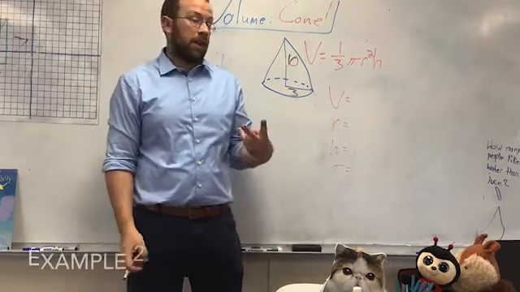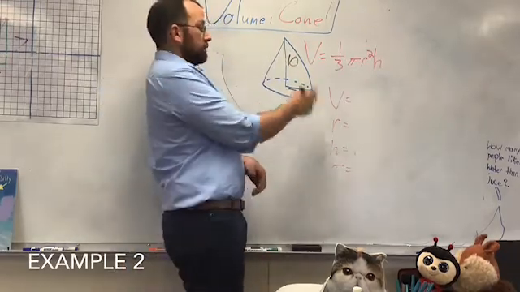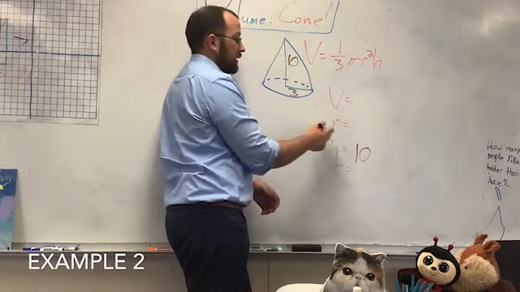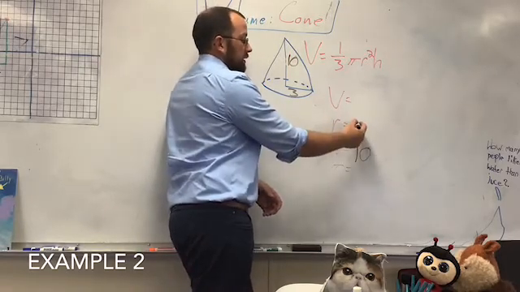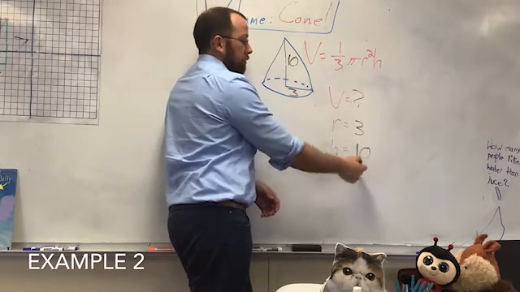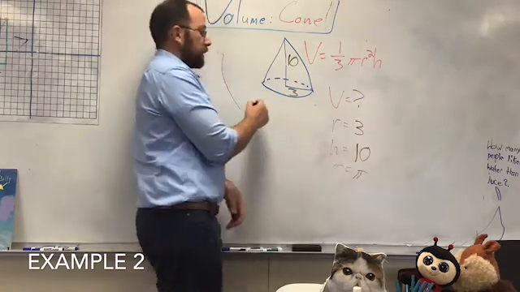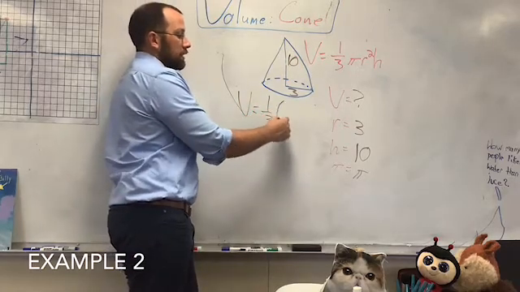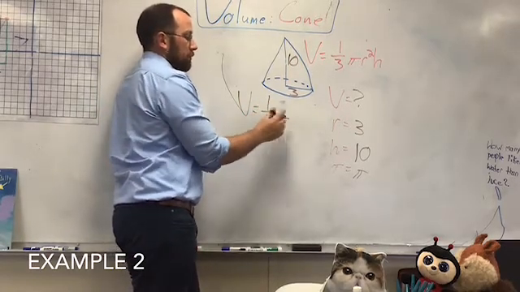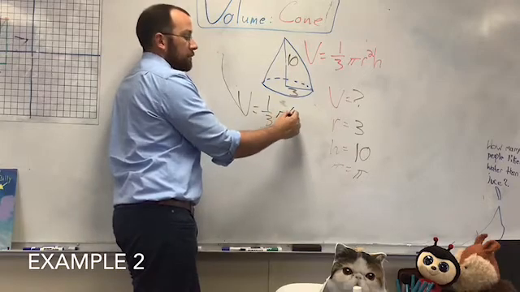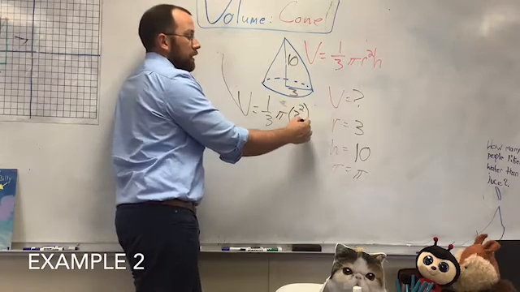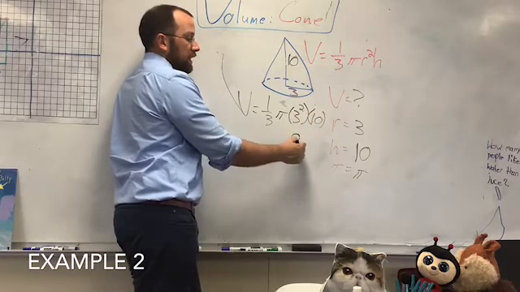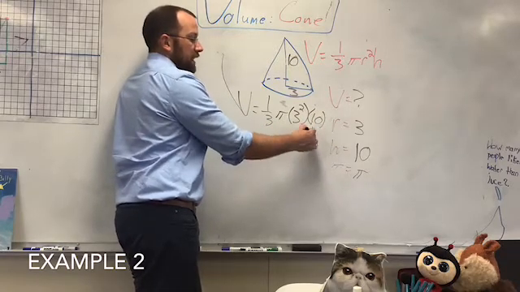All right, here's your example number 2. My height is 10. This time I'm going to leave pi as pi. My radius is 3, so I'm looking for my volume. So when I plug this in, volume equals 1/3 pi times 3 squared times 10. 3 squared gives me 9 times the 10.